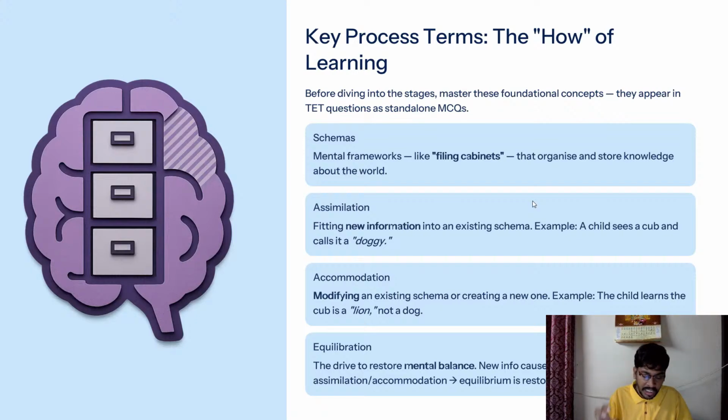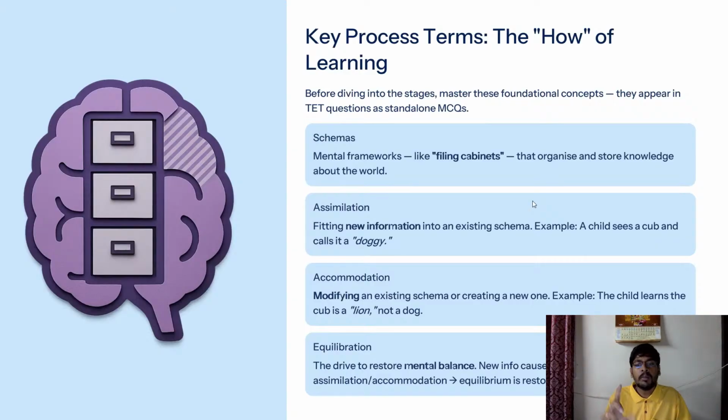He sees a small cub, and he calls it doggy, which means a small pet dog. Instead of using the word cub, he uses doggy. So to the existing knowledge, new knowledge is added. That is called assimilation.